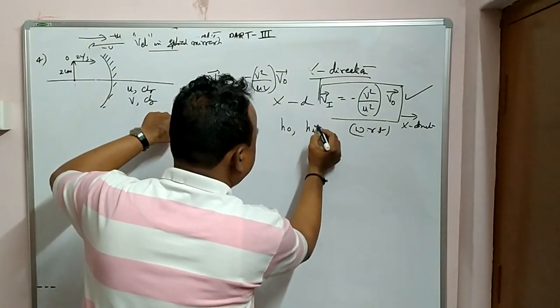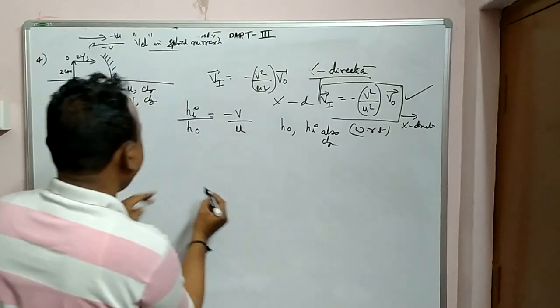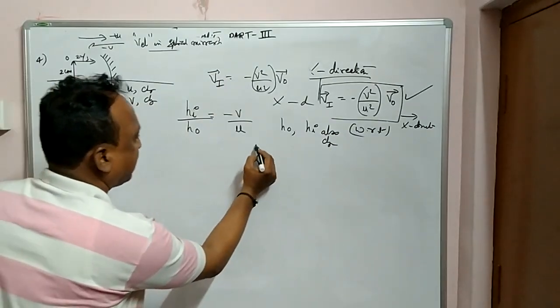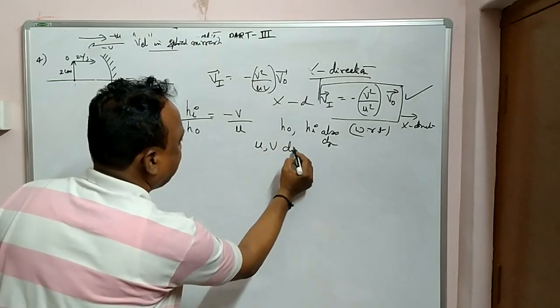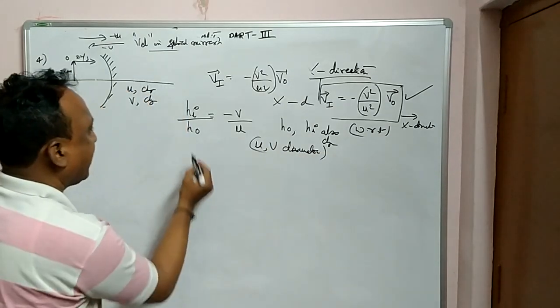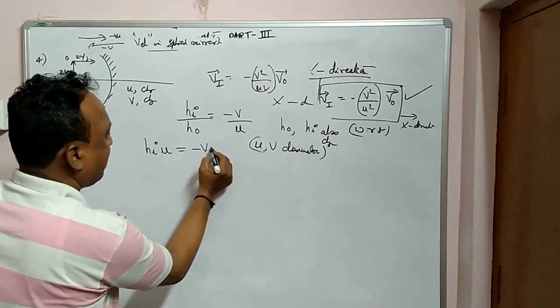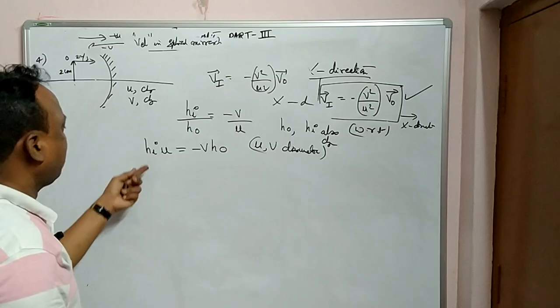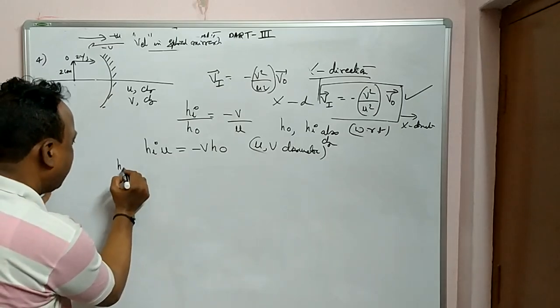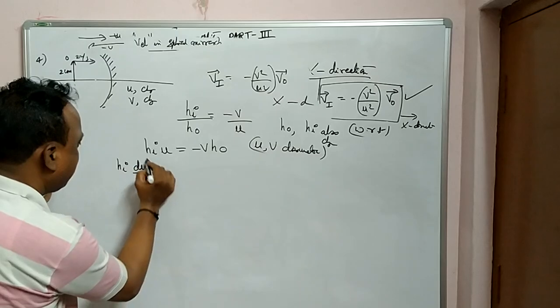H0 and Hi also change. So what I will do is find the uv derivative. The uv derivative in maths works like this: Hi into u is equal to minus v into H0. For the first side, taking it as a product, the derivative is dHi by dt plus Hi into du by dt.